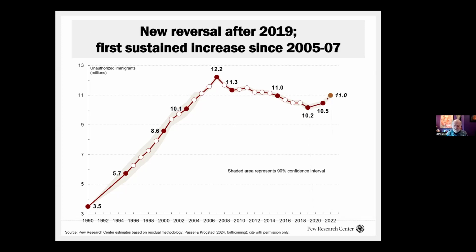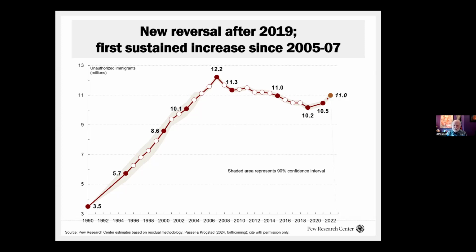That has changed. The most recent data we published is 2021. I'm showing you our forthcoming estimate for 2022. So the numbers have gone up from the low of 10.2 million to about 11 million right now.